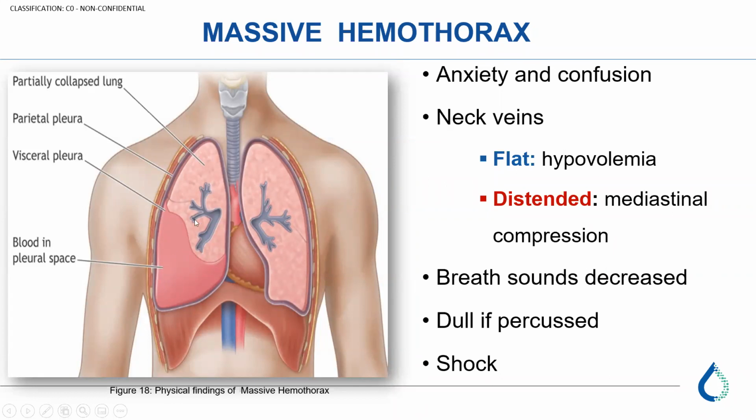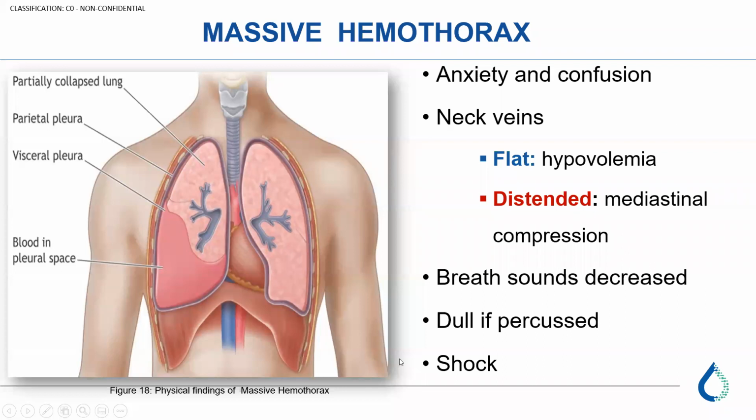If one side is affected and around 3 liters of blood is lost in the pleural space, it will compress the mediastinum. That's why you will have distended neck veins similar to tension pneumothorax.